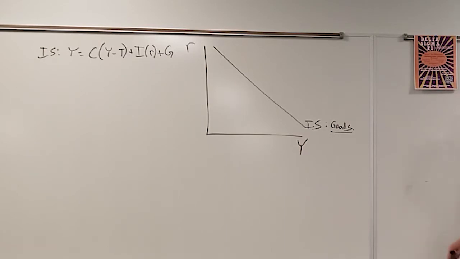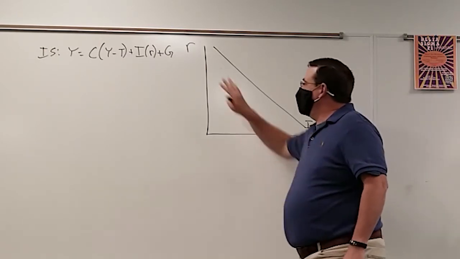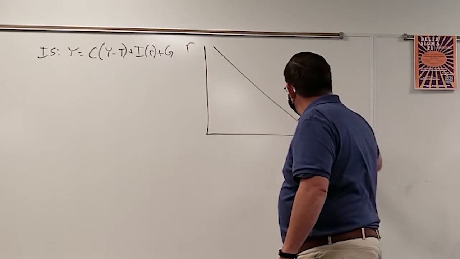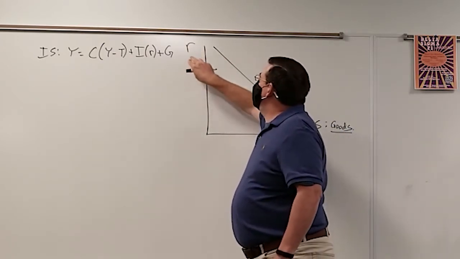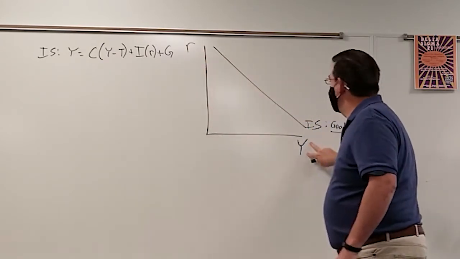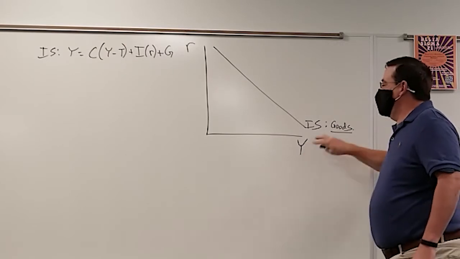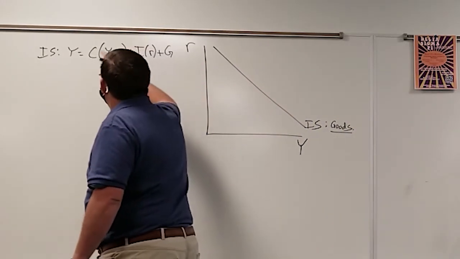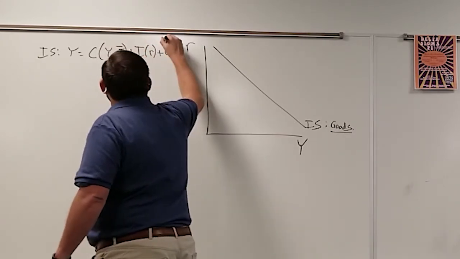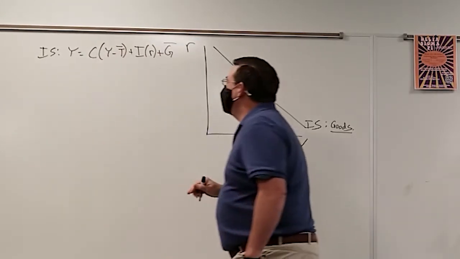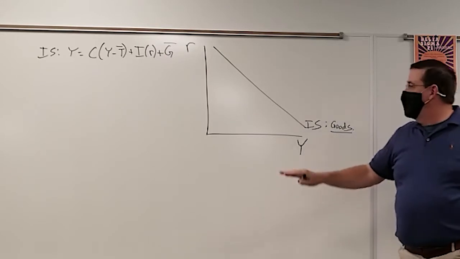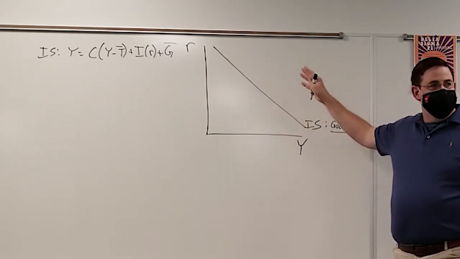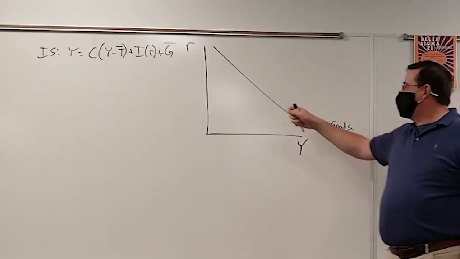Now, when we're developing an IS curve on these axes, we can only allow R and Y to vary. So R is going to be here and Y is here, and we have to hold T and G constant because they are exogenous to this graph. They're not on the axes.